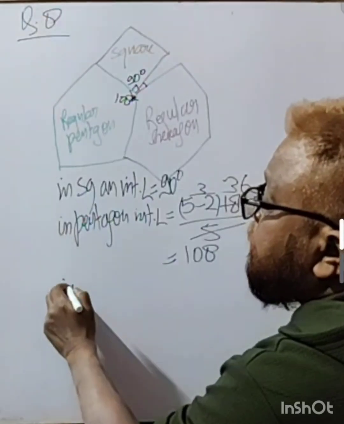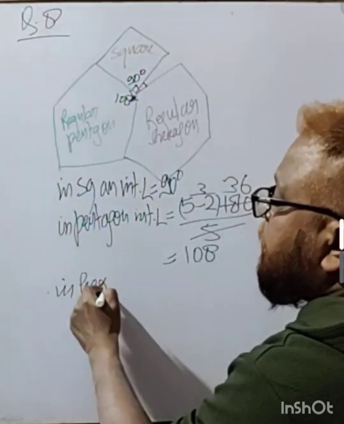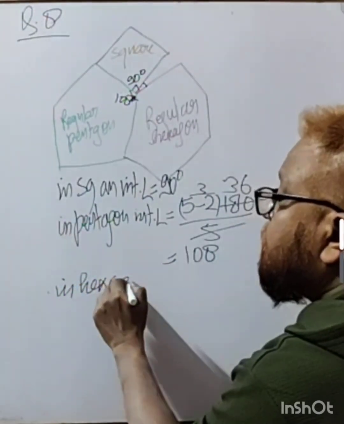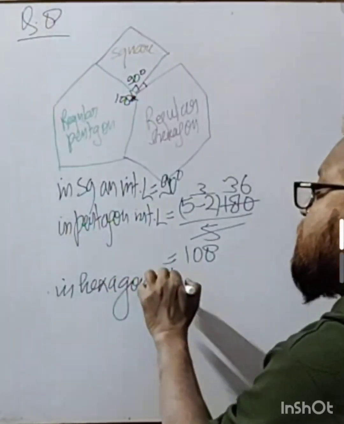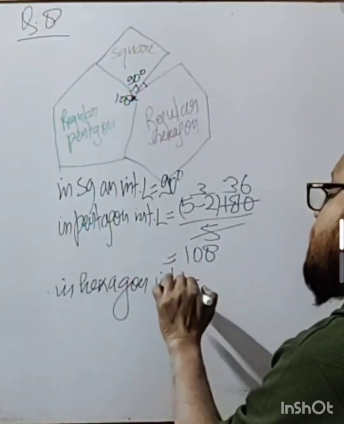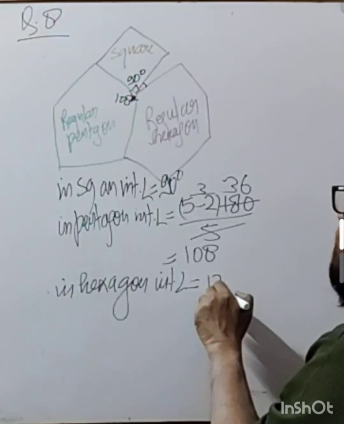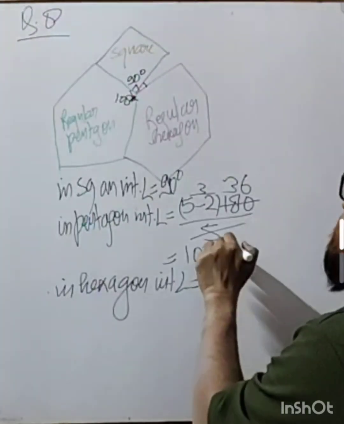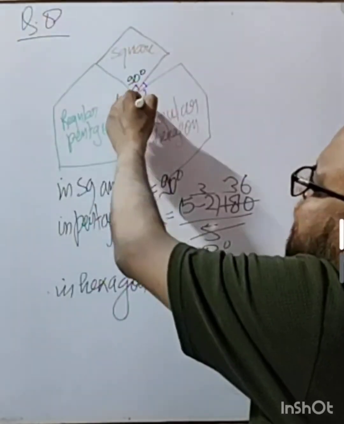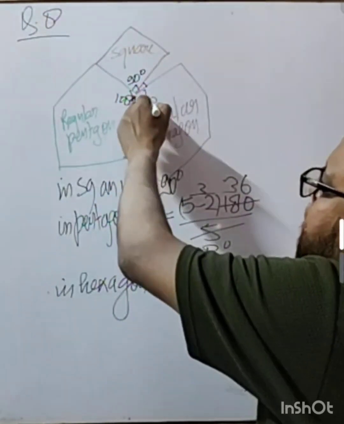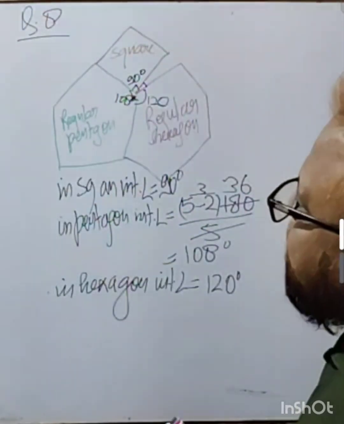And in a hexagon, the interior angle is equal to 120 degree, right? This angle will be 120 degree.